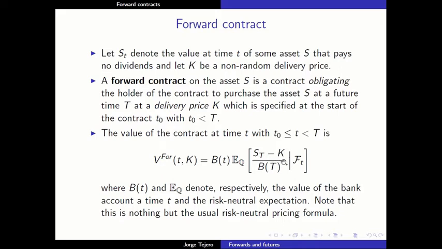And if the asset has lower value than the price at which we are forced to buy, then obviously the contract will have negative value, again the difference between the two prices.